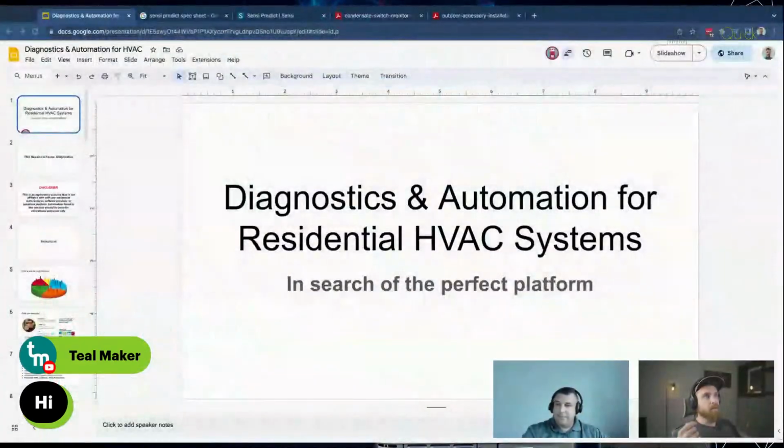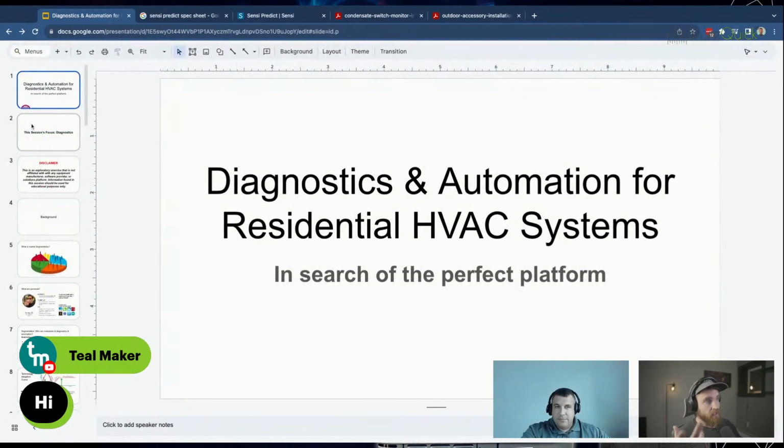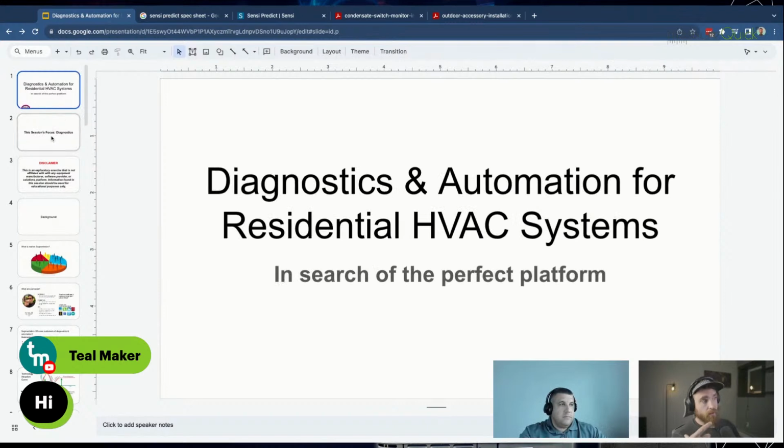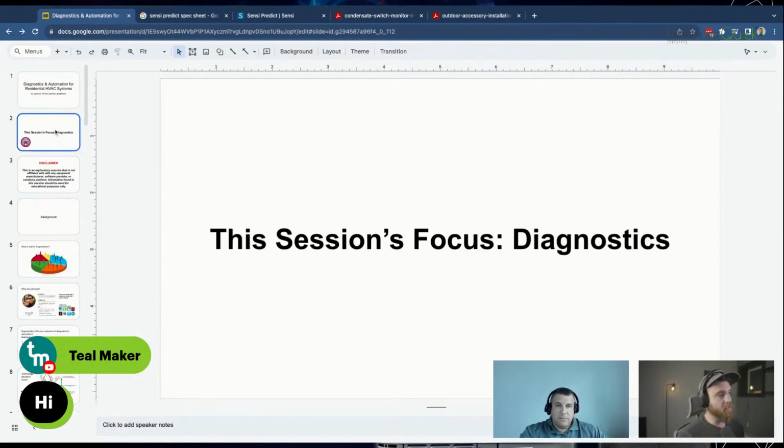So with that said, I am going to turn on the requirements document. I'm not going to go full screen because we'll be doing edits to it this entire time. I have edit access, Tim has edit access. We're going to dive into the requirements for diagnostics systems that get attached to residential HVAC systems.